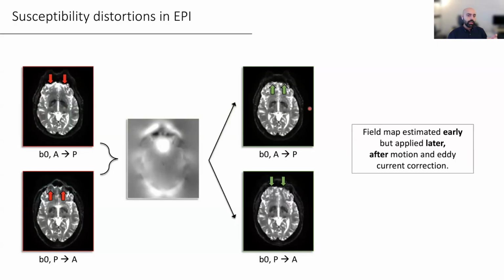It's also from FSL. And that tool will derive this distortion field, and then we store that field with our data outputs, and then we pass it on to a tool like eddy that will incorporate the distortion correction step within the motion correction and slice outlier corrections and all of that.